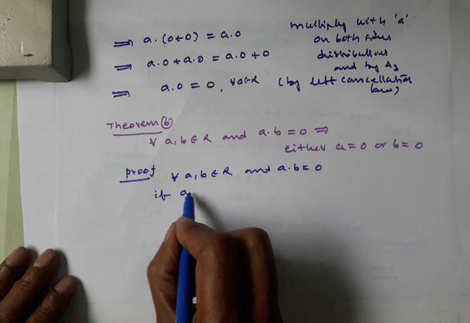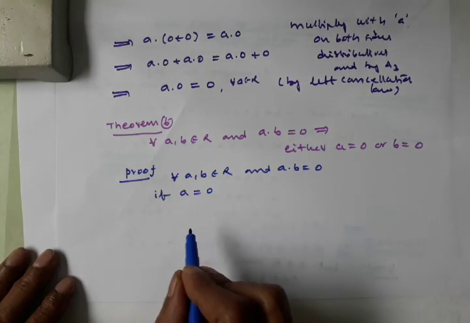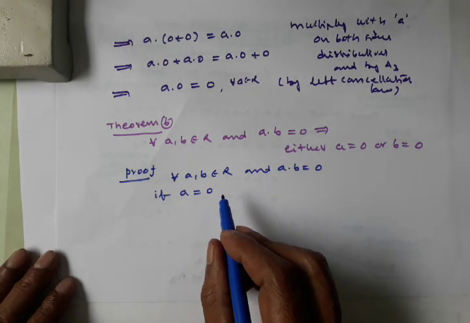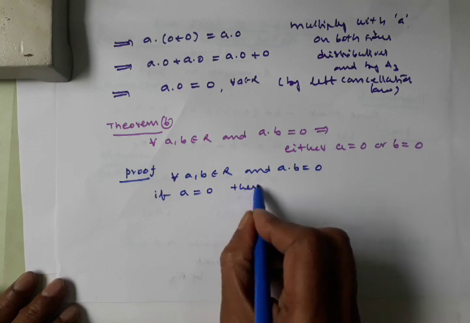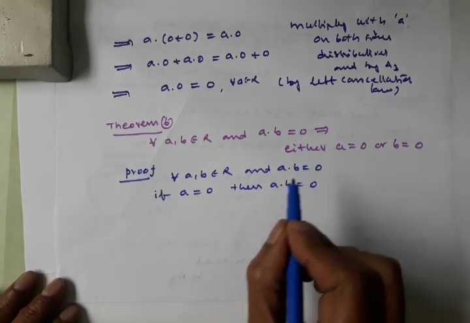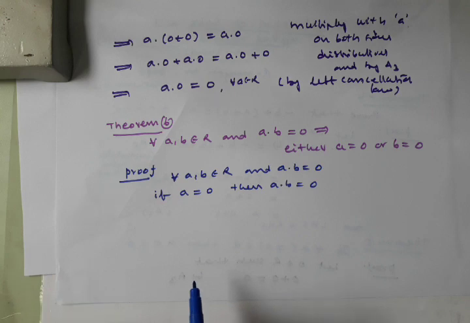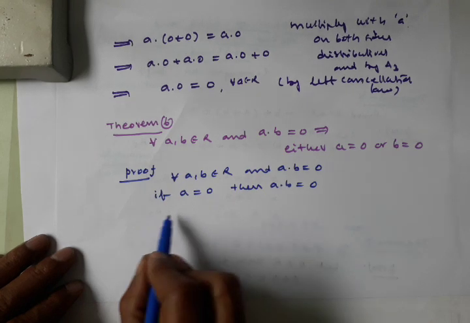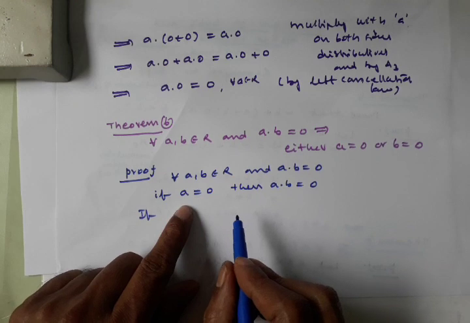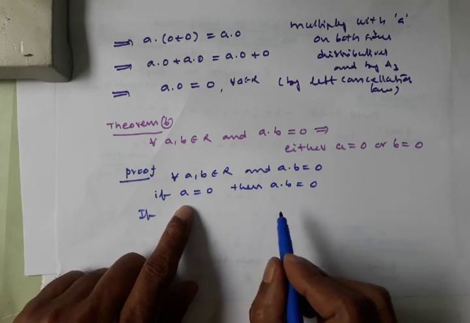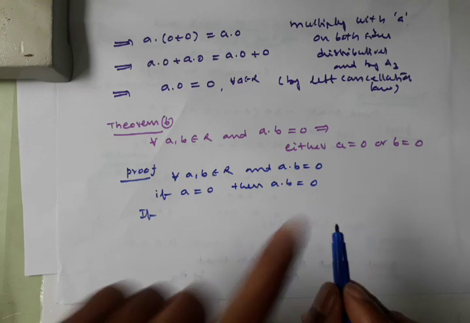If a is equal to 0 in this, then a into b is equal to 0. If a is equal to 0, then automatically a into b must be equal to 0.